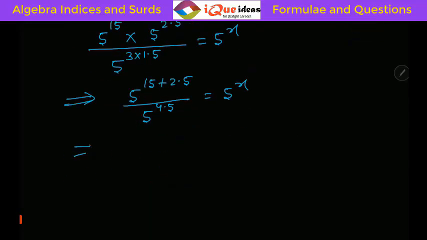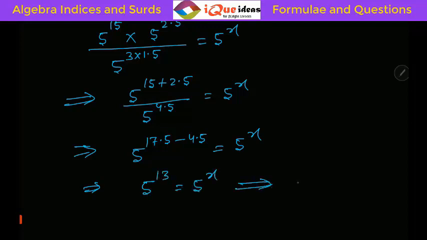This means we have 5 raised to the power 15 plus 2.5 is 17.5 minus the denominator power, which will go in numerator as a subtraction, 4.5, is equal to 5 raised to the power x. So that gives us 5 raised to the power 13 equal to 5 raised to the power x. Hence the answer of this question is 13.